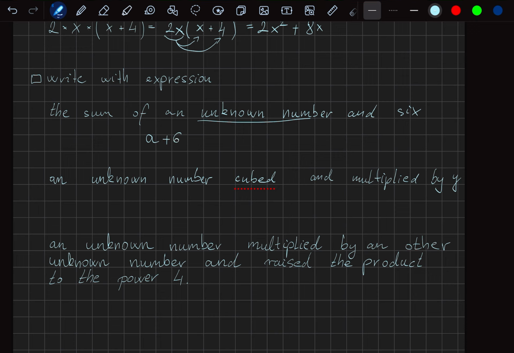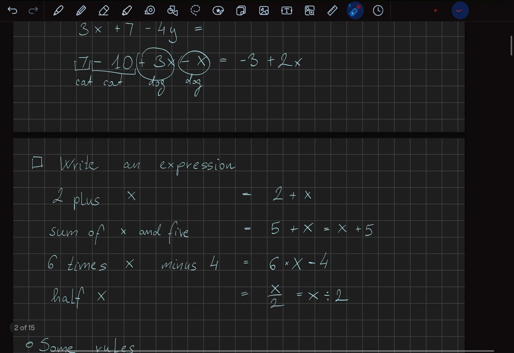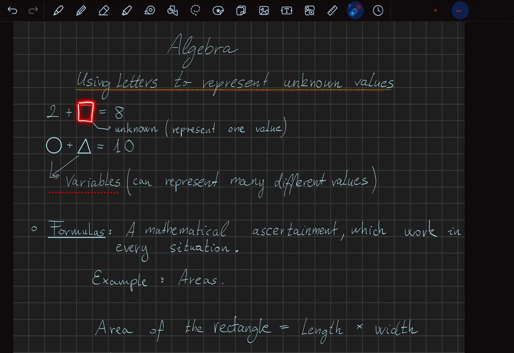Okay, a can be anything. If I explain this, I teach this. This is like a card, this letter, and it hides a number. Right now it hides every number we can imagine. Here in the first problem, this card just hides one number, and this is the 6.